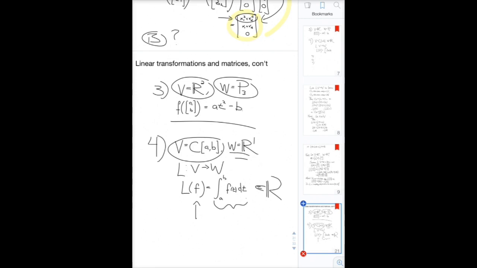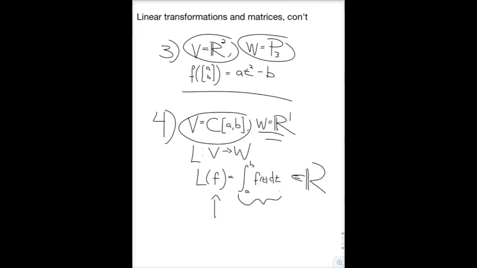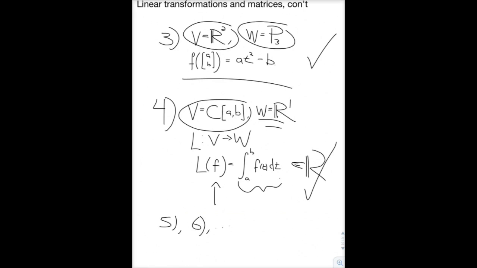Great, so this is a map from V to W, and I'll give it away again: this map is also a linear map. So 3 and 4 are two more examples of linear maps. There are many more examples we could give, but we'll stop here.